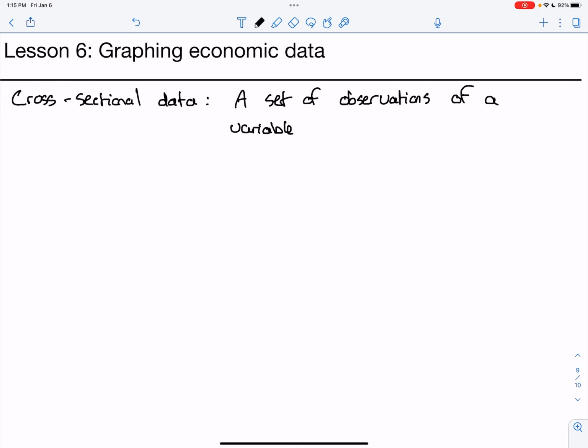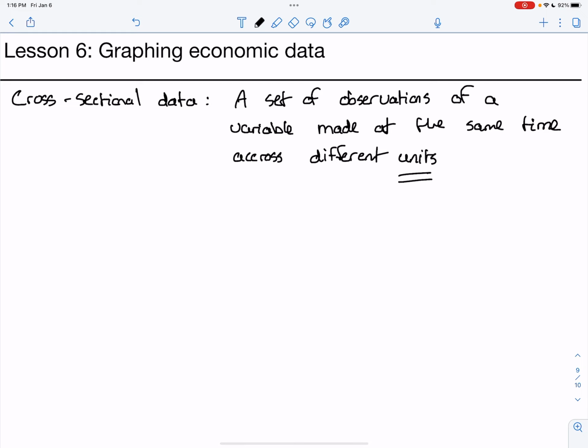A set of observations of a variable made at the same time, okay? Very important, made at the same time across different units.